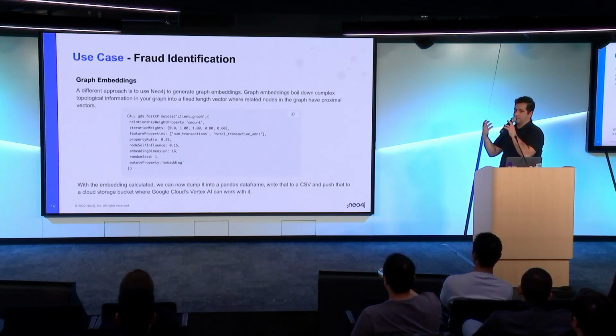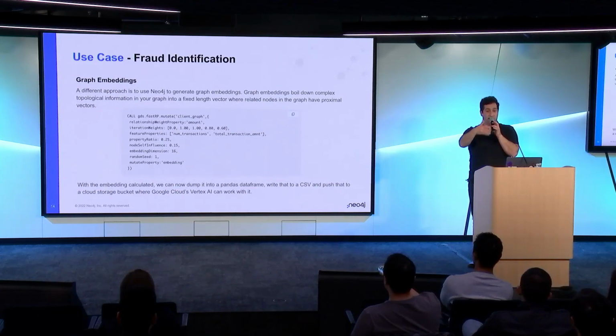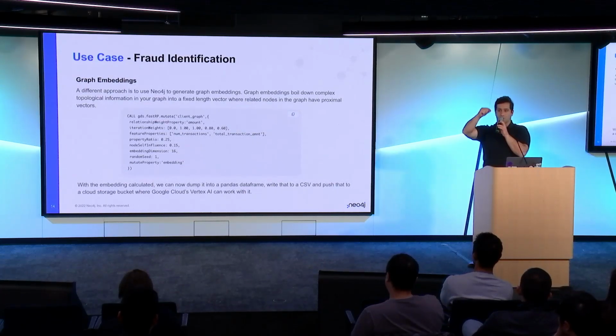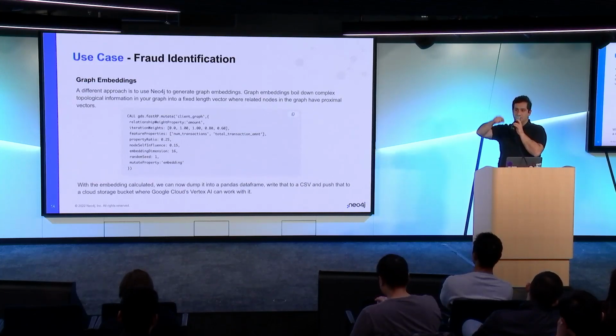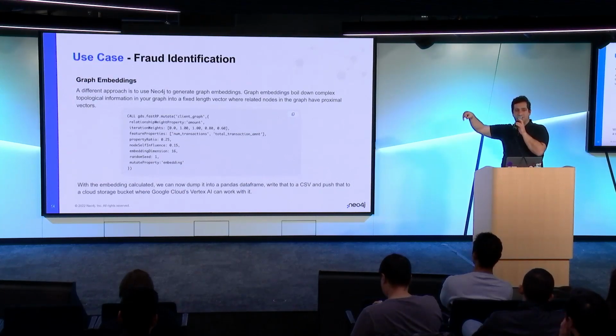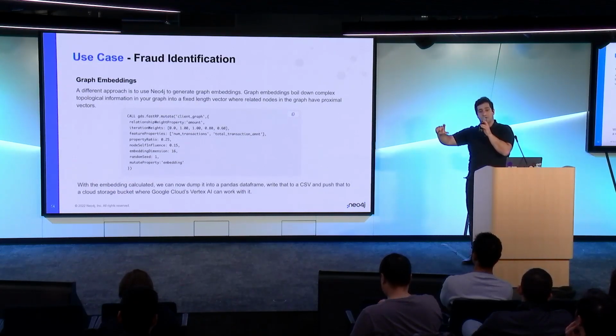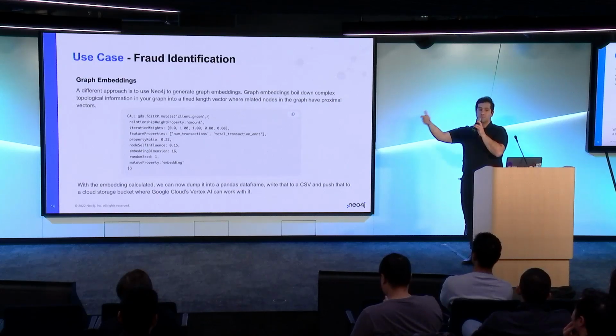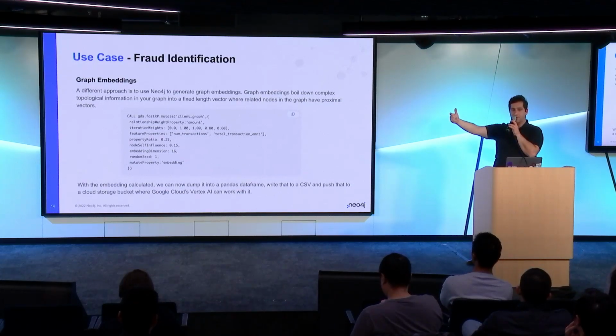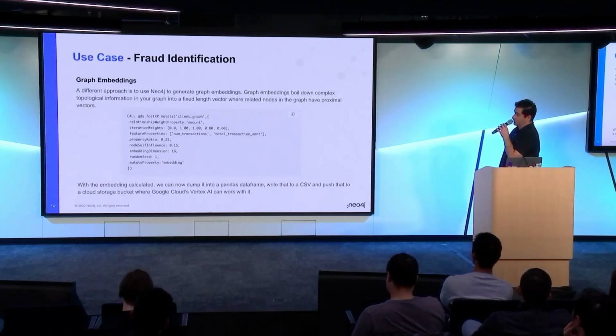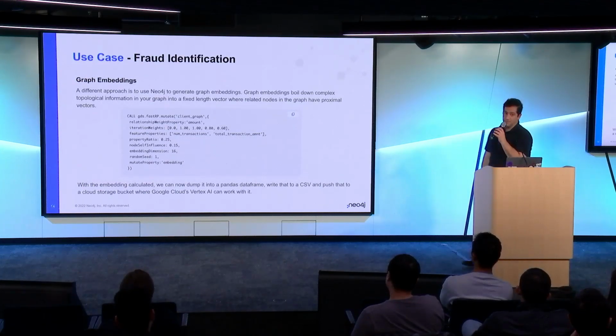This is the way we can identify fraud based on cases we already know are fraud. So in your graph database, you can label transactions: fraud, non-fraud, non-fraud, non-fraud, fraud. A new piece of information comes in, you embed it to a vector, and compare those vectors in terms of distance. Those that are closer to each other are similar to each other. That's pretty much what graph embedding does.